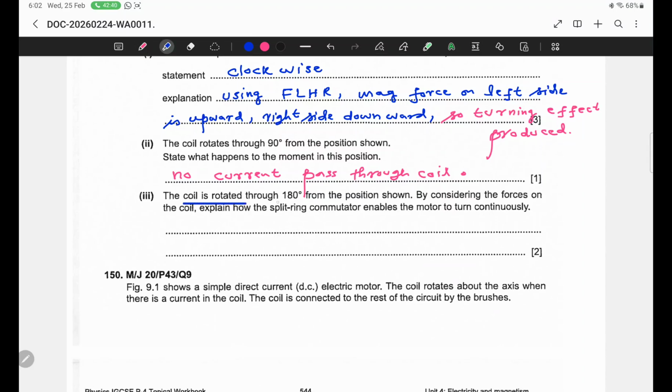And when the coil is rotated through 180 degrees, it means half rotation. How does the split ring commutator enable the motor to turn continuously? So the answer is: the split ring commutator reverses the direction of current.